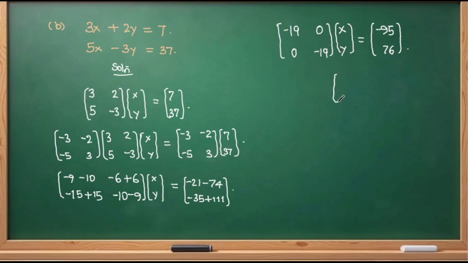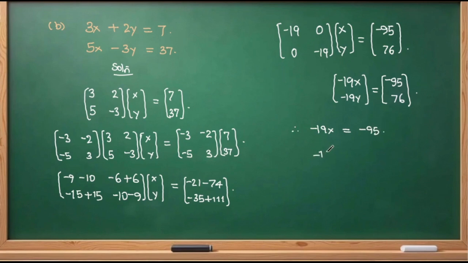So we just write there negative 19x as the first element, and then negative 19y as the second element. This is equivalent to negative 95 and positive 76. So equating the corresponding elements, we have negative 19x equals negative 95.